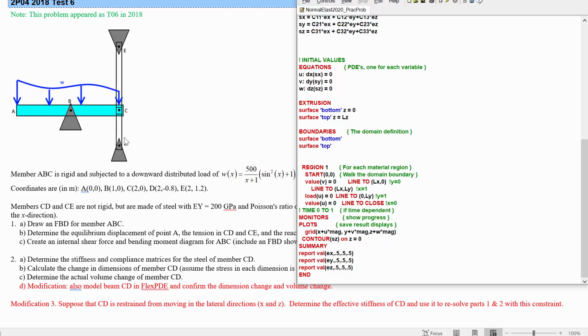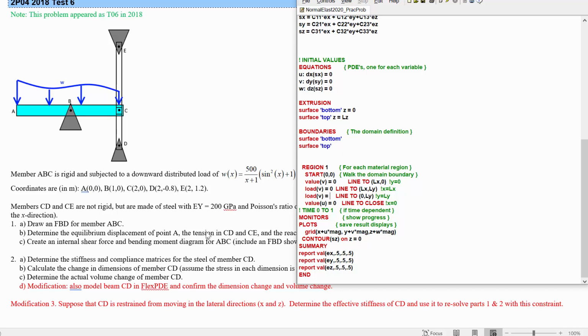Then as we move up the side, we want to say that there's no force in the y direction. Load V is equal to 0. No stress in y on this side. Not x equals 1, but x equals Lx. And then we're along the top, along y equals Ly. On this surface, we're going to say that there's a load in the y direction, which is going to be the stress that we have in y.